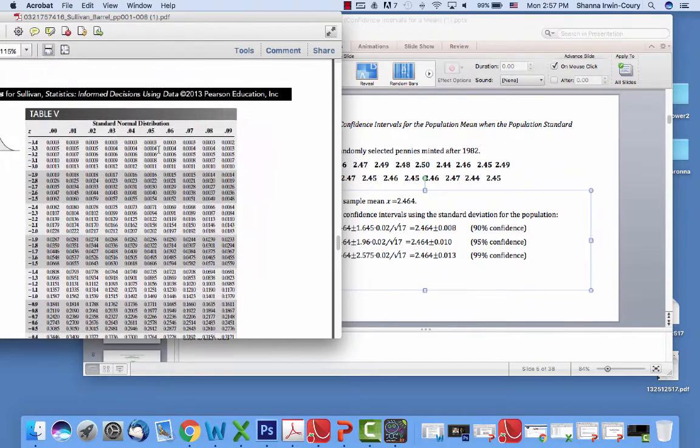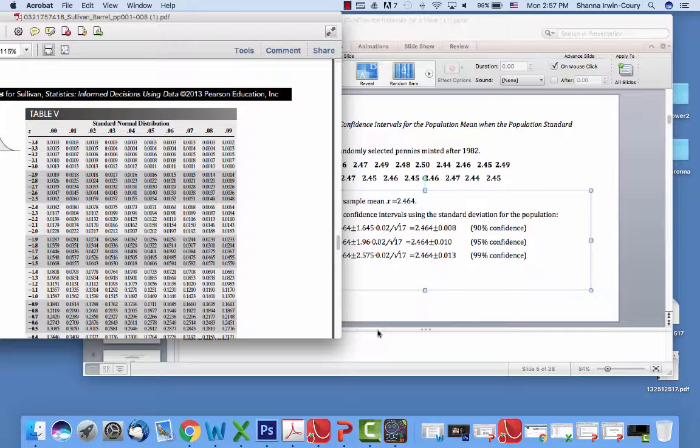So I'm looking for 0.05. And I have these two, 0.0505 and 0.0495. And that's between negative 1.64 and negative 1.65. So splitting the difference, we've got 1.645. The negative doesn't matter because we're adding and subtracting anyway.